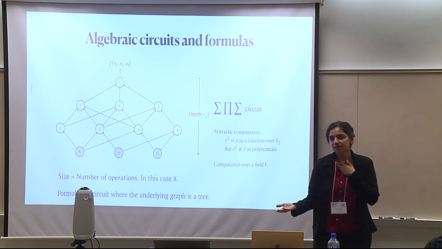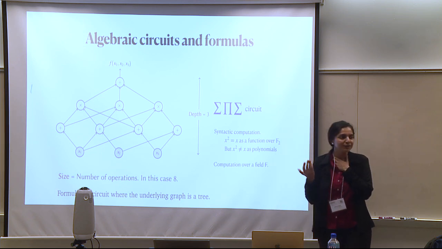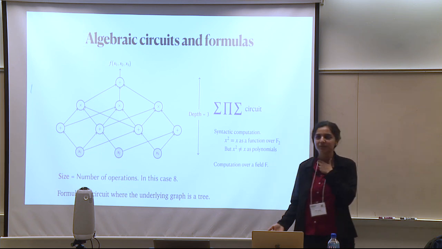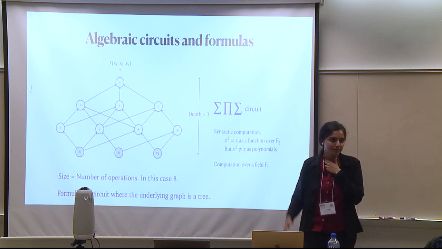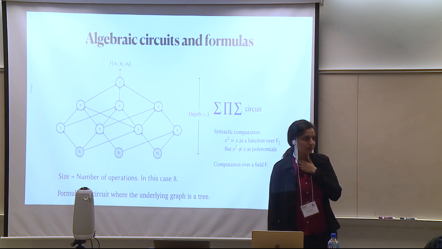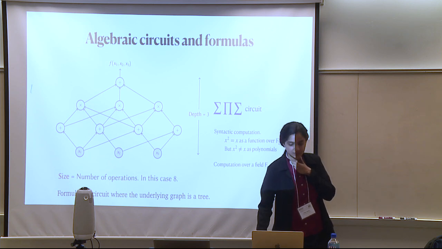And the other difference is, of course, that we are allowed to work over any field of our choice. Most of the time in this whole discussion, we'll only talk about complex numbers, but maybe we can talk about other numbers. So let's see what comes up in the discussion.